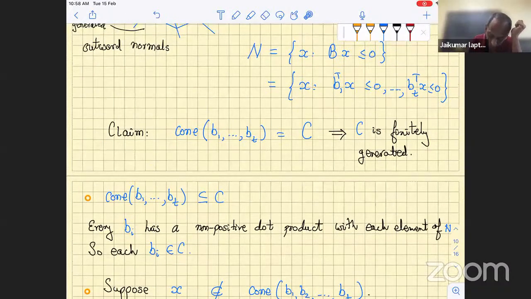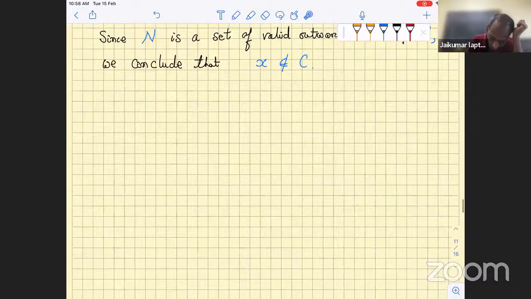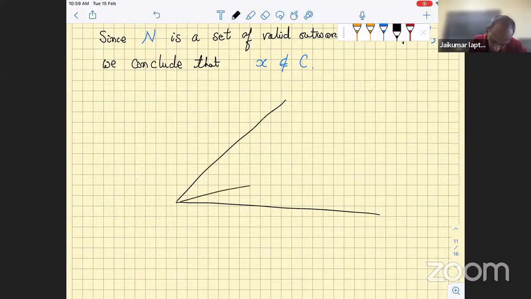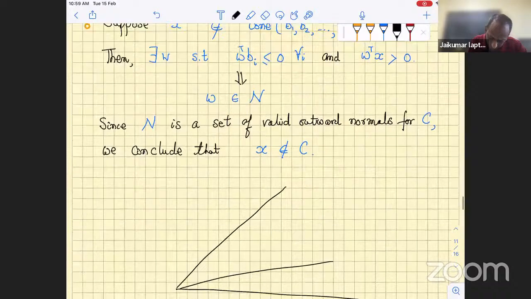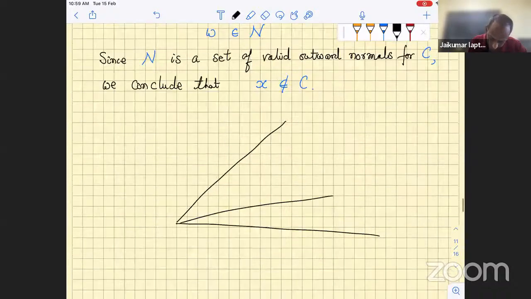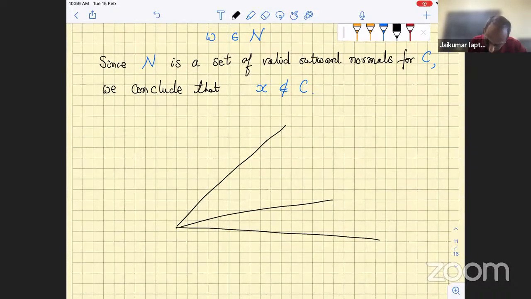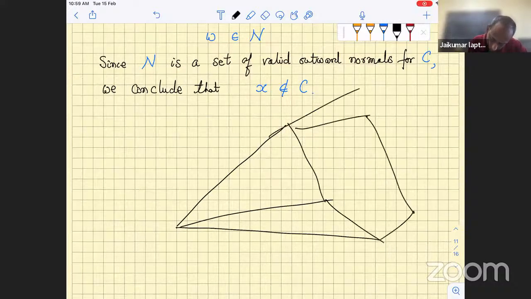Okay. So what could go wrong? What could go wrong is that here was your original cone, which was some polyhedral cone.